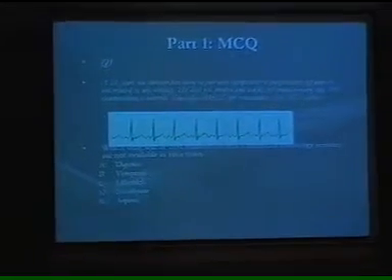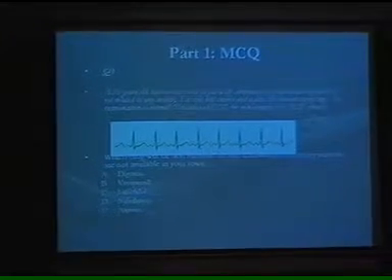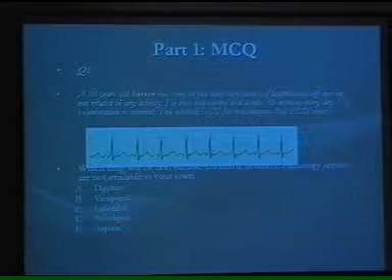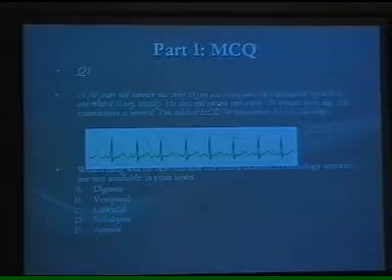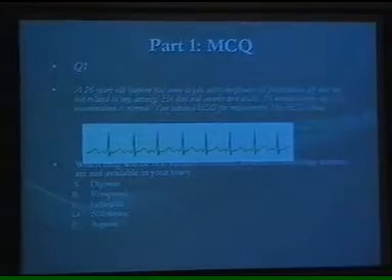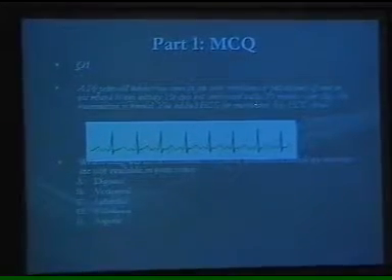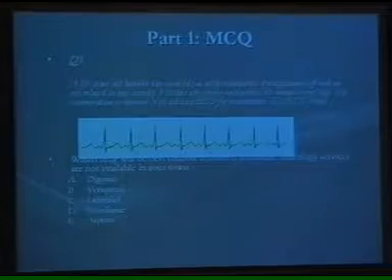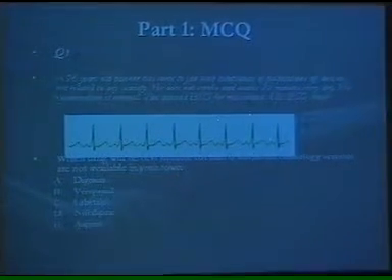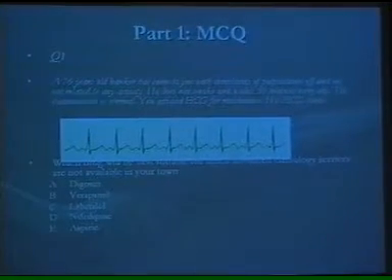Just to give you one example, you may get a question like: a 26-year-old banker has come to you with complaints of palpitations off and on, not related to any activity. He does not smoke and he walks 30 minutes every day. His examination is normal. You advised an ECG just for reassurance and you found this.